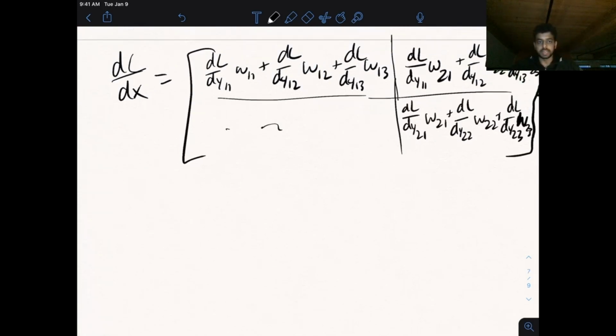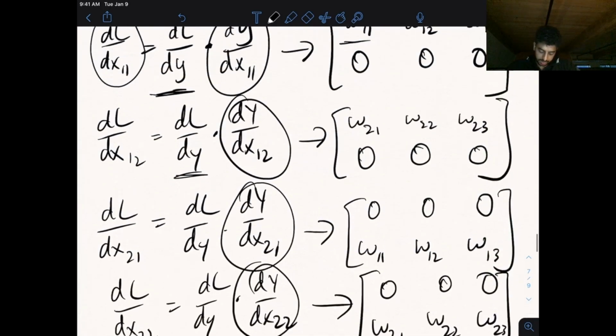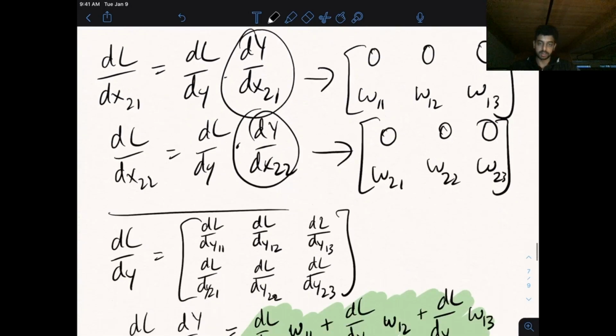Okay, so we get this derivation of dl dx, and we did this by forming these intermediate matrices here.